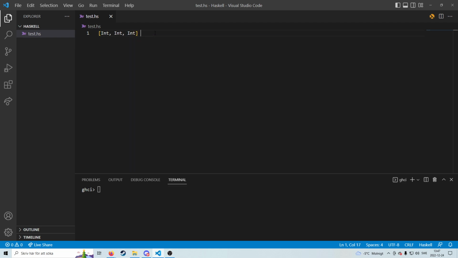Because the type of our list is basically a list of integers. This is because lists in Haskell are not heterogeneous, which tuples actually are.